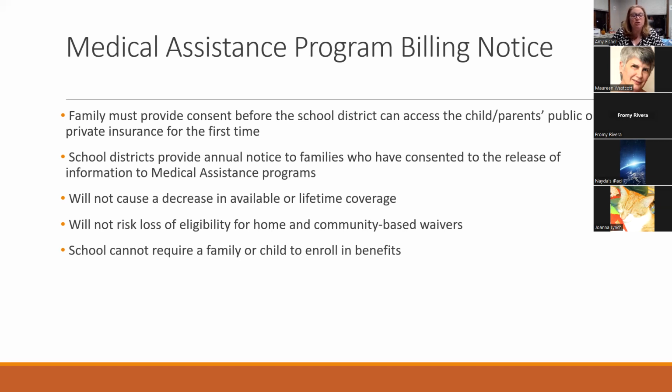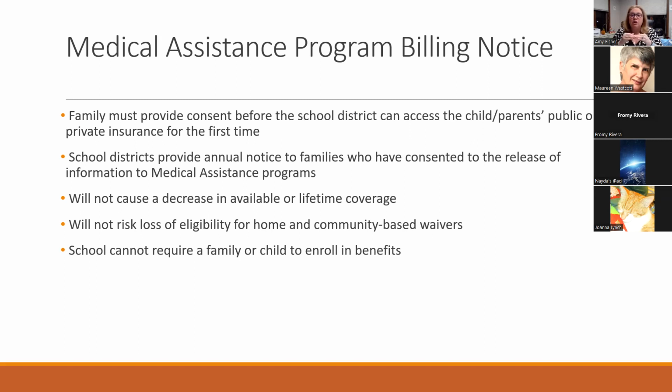So sometimes parents are concerned, oh, if I sign this and let the school bill medical assistance, my child won't be able to get outpatient services. That is not accurate. It will not decrease your available coverage at any point. It's not considered double dipping. It's a completely different fund. It is through medical assistance, but not through the same fund that funds private insurances.